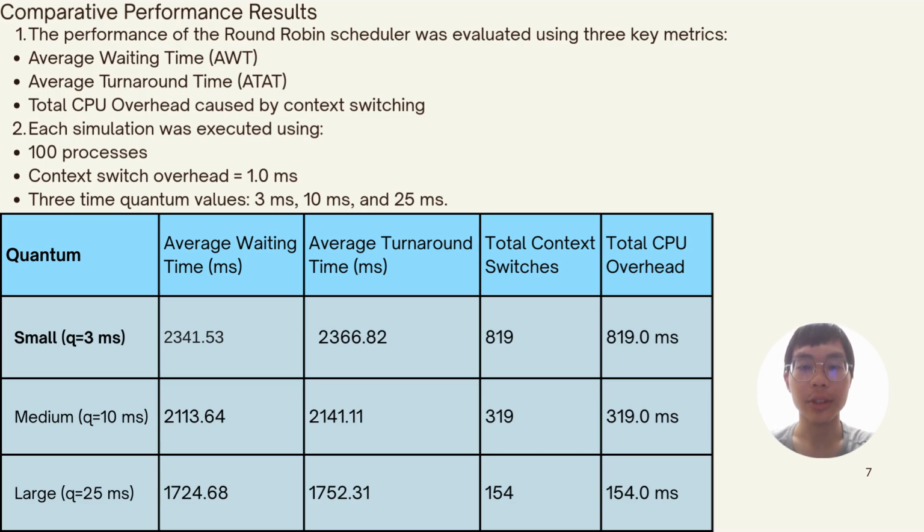Each simulation was executed using 100 synthetic processes with a fixed context switch overhead of 1 millisecond. We test three different time quantum values: 3 milliseconds, 10 milliseconds, and 25 milliseconds. The table below shows the raw results obtained from the simulation.